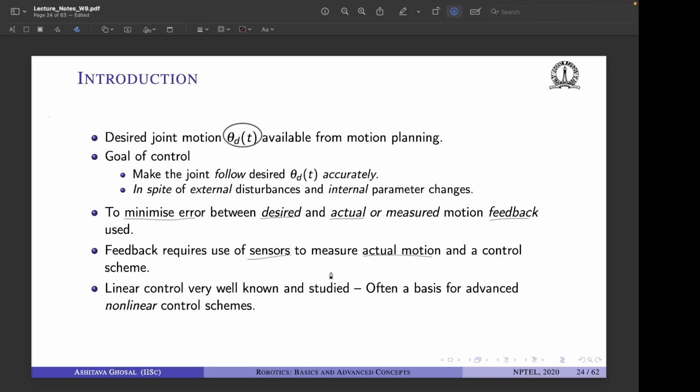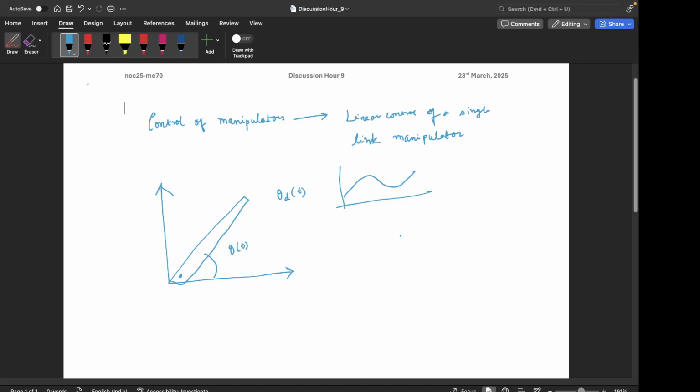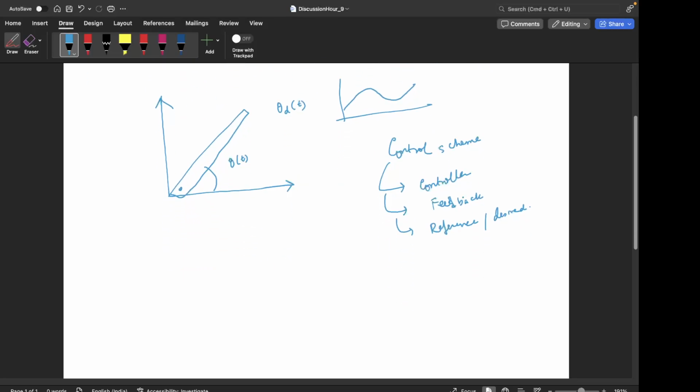So in our control scheme we have the controller itself, then there is the feedback, how we are getting the actual data, and what is the reference or the desired. So these three components are there.